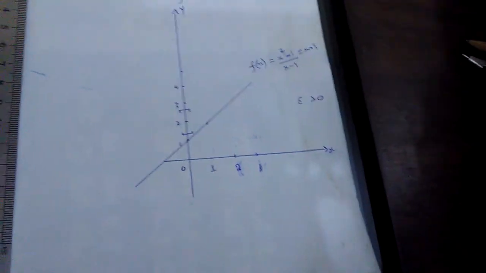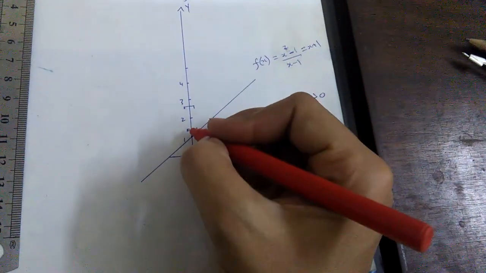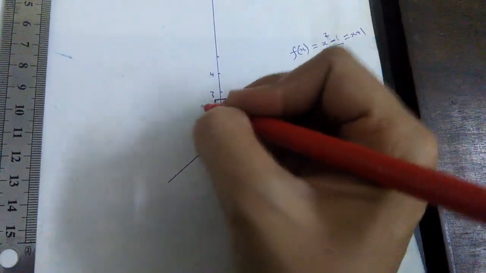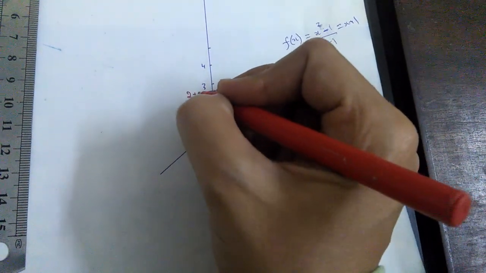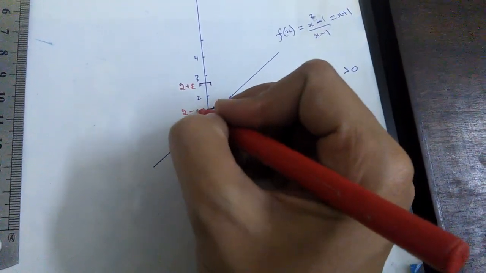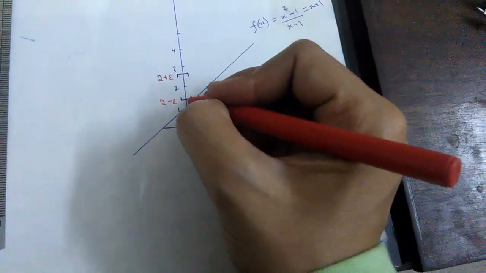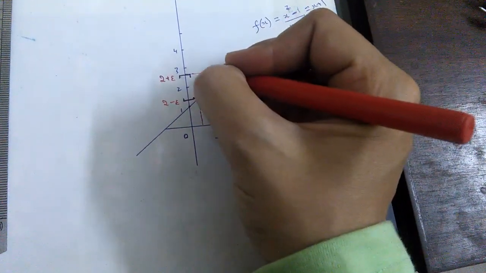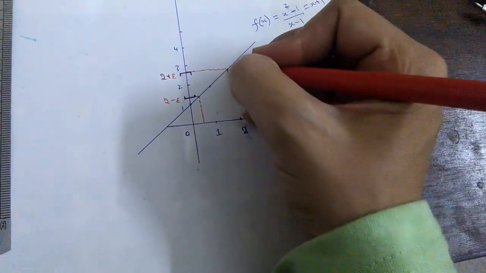I better use a different color to make a difference. So this is it. This is my 2 plus epsilon, this is my 2 minus epsilon. All right, so this is it. That's what the secure boundary is.